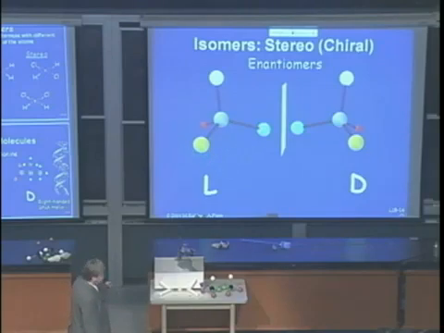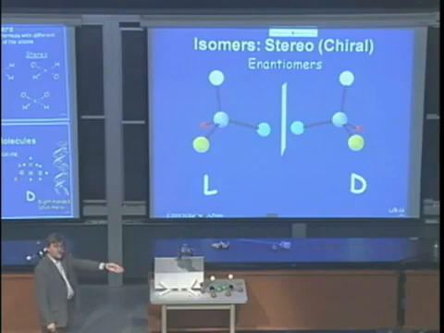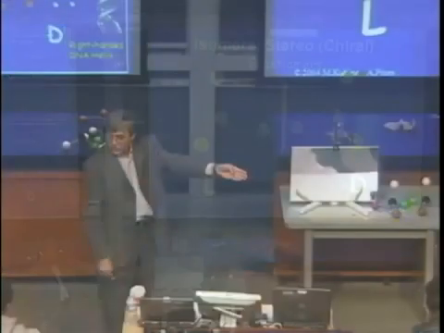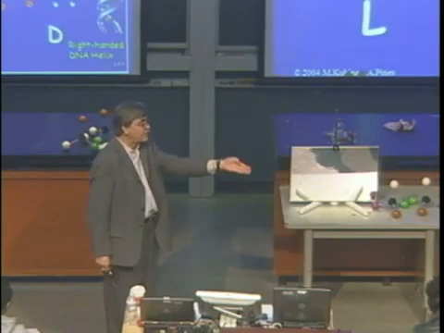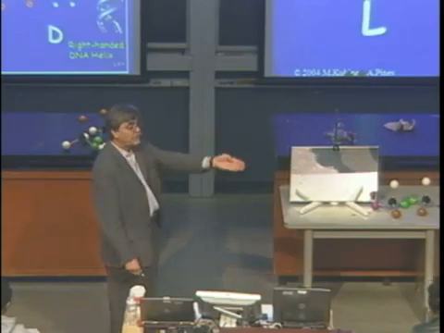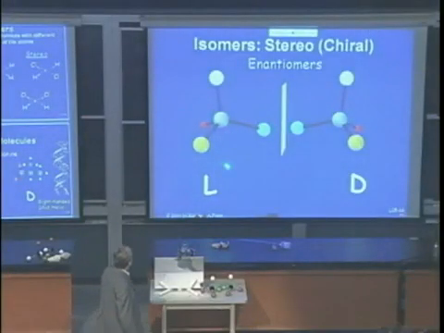This was discovered by Pasteur. He used these compounds and separated them, and shined light through one of the two enantiomers. One rotates the light to the left, and the other rotates the light to the right. This is how they distinguish between the L and the D form.